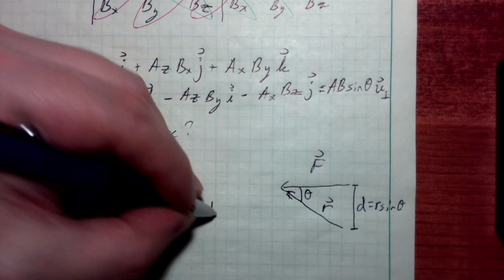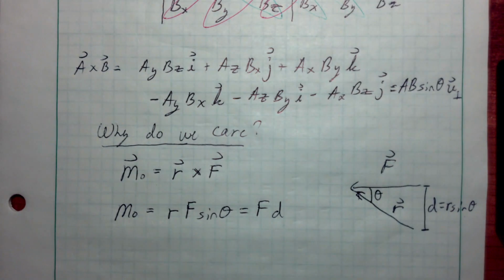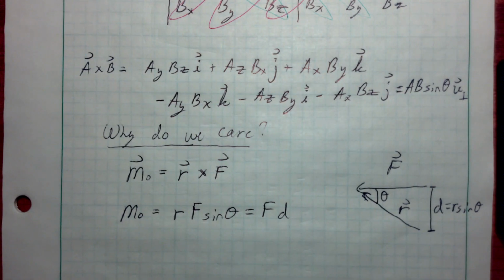So we've already talked about moments in two dimensions and just simply said that the moment is the force times that perpendicular distance, or the lever arm, if you will, the moment arm. That's what this represents.